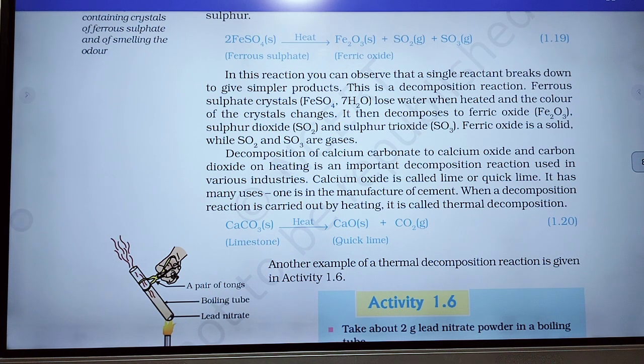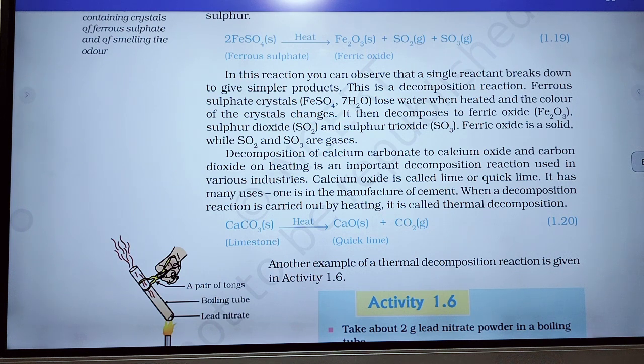It then decomposes to ferric oxide, Fe2O3, sulfur dioxide and sulfur trioxide. Ferric oxide is a solid, while SO2 and SO3, sulfur dioxide and sulfur trioxide, are gases. That's why the symbols S and G are given.